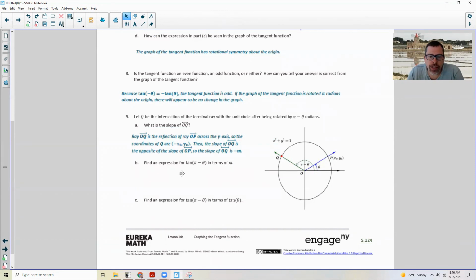B says find an expression for tan of pi minus theta in terms of m, and that is tan of pi minus theta equals negative m. Part C says to find an expression for tangent of pi minus theta in terms of tangent theta. So it would be tan theta in place of m. So we get tan of pi minus theta equals the negative of the tangent of theta.